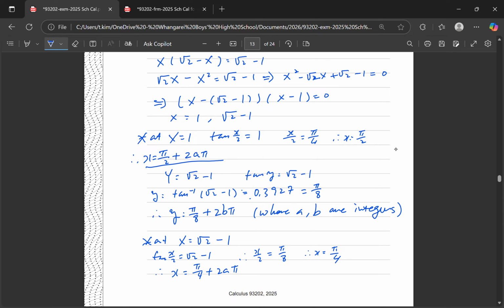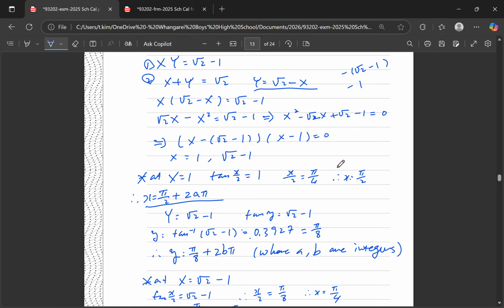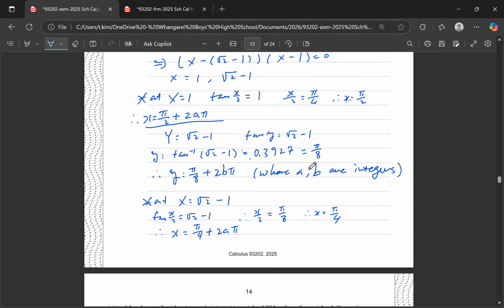So then when X is √2 − 1, then how much is Y? So we plug that into √2 − (√2 − 1). So Y is 1, isn't it? So in that case, Y is 1. So what is y?